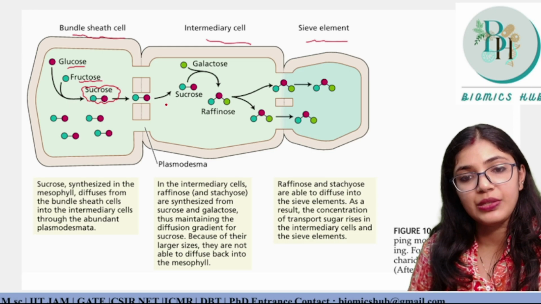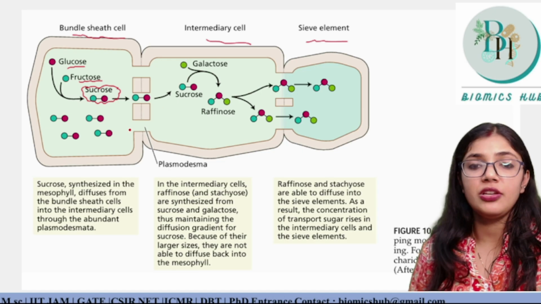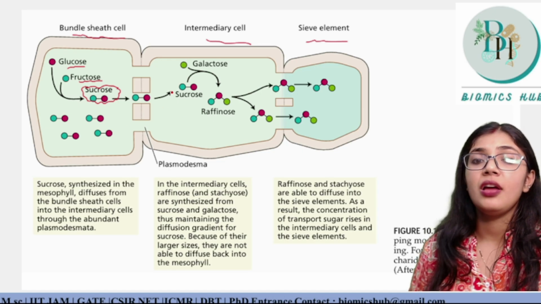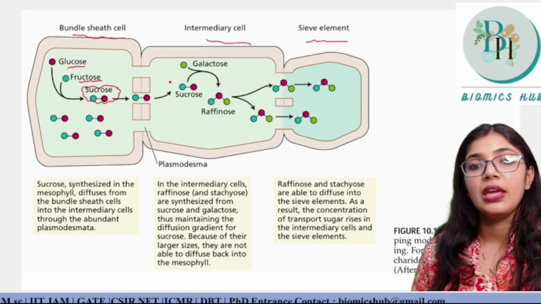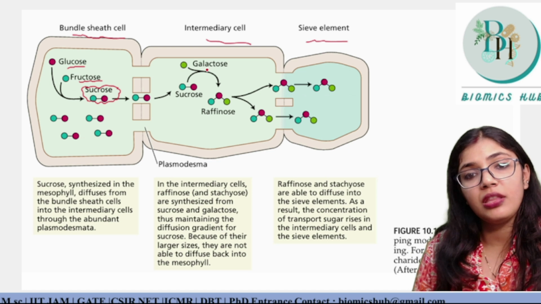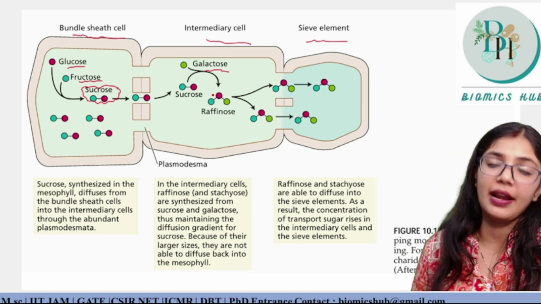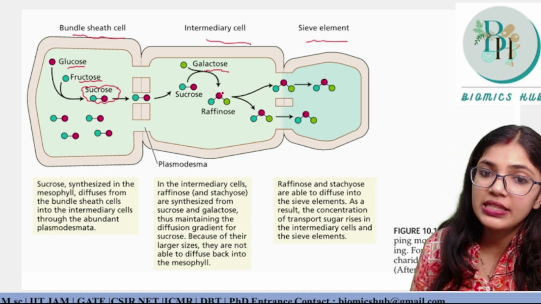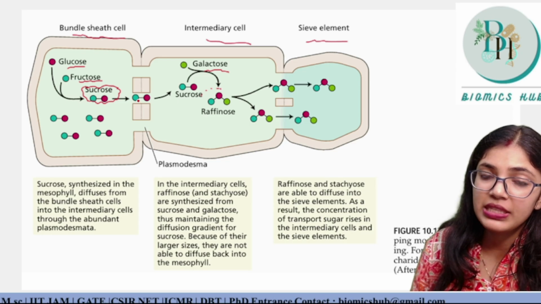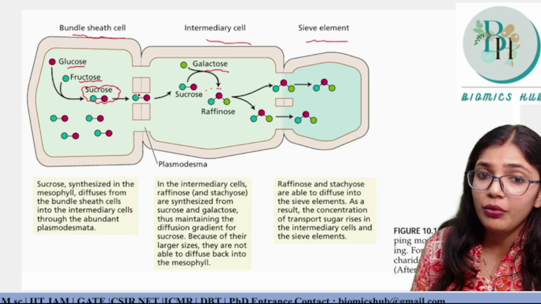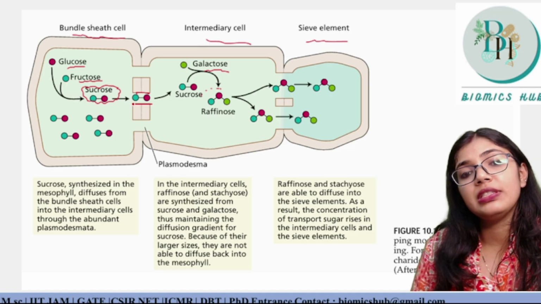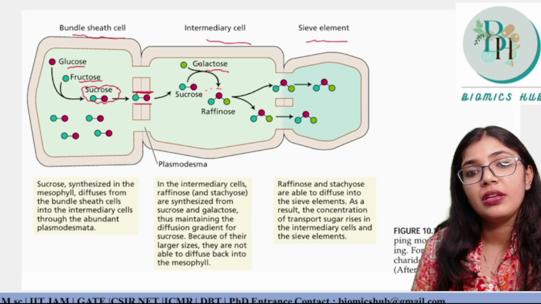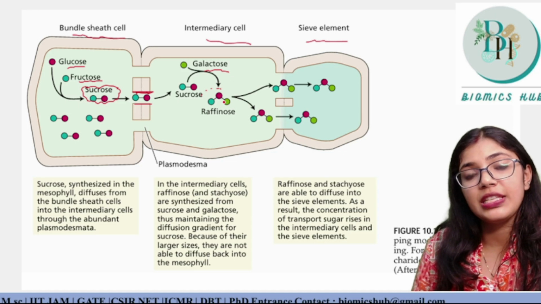When it is being transferred into the intermediary cell through the plasmodesmata, for the backflow of the sucrose, now here another thing, that is galactose is being added over here. So as this is a big molecule as compared to this simplest one, it is big to cross this plasmodesmata. So for that, this galactose is being added over here.